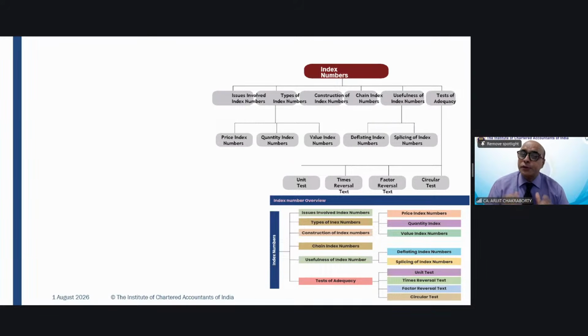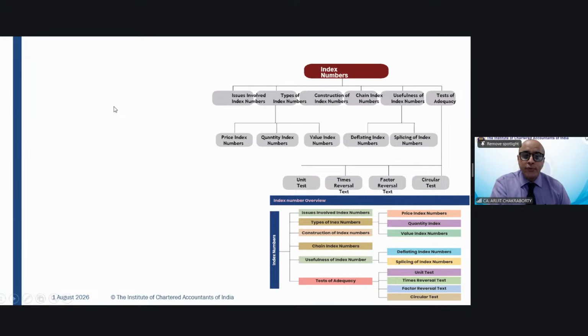You are definitely aware of purchasing power. So index numbers are linked with the entire concept, and have a number of applications in the field of economics and in other branches, including management, of course.